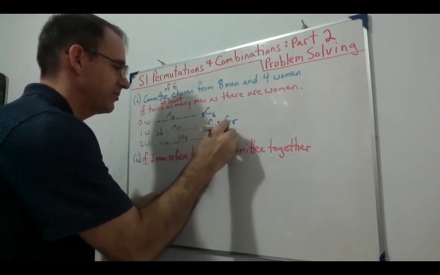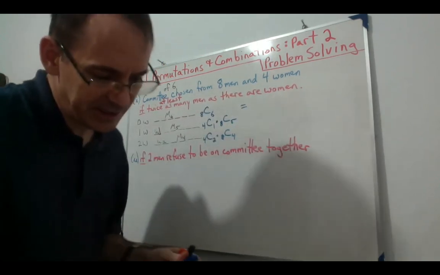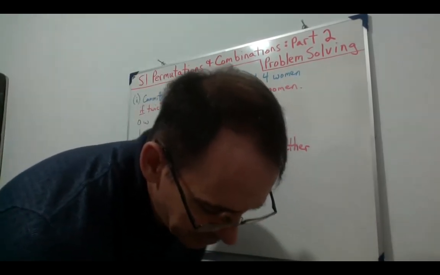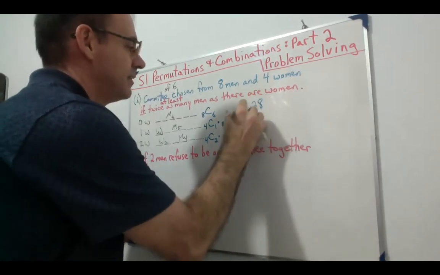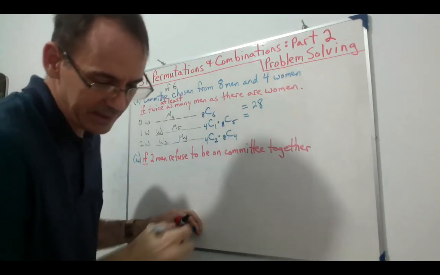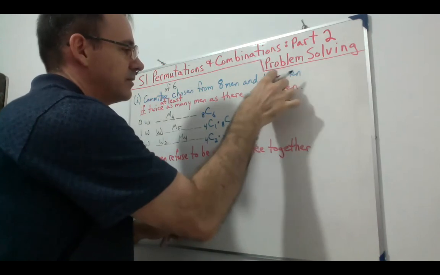times 8 choose 4. So when we do 8 choose 6, we have 28. When we have 4 choose 1 times 8 choose 5, that gives us 224.